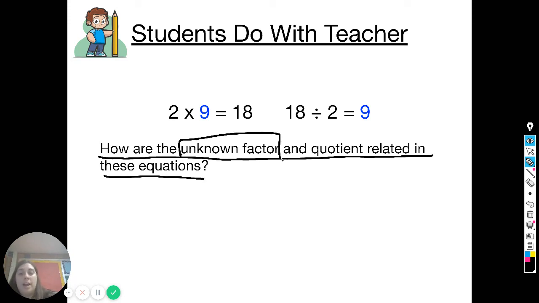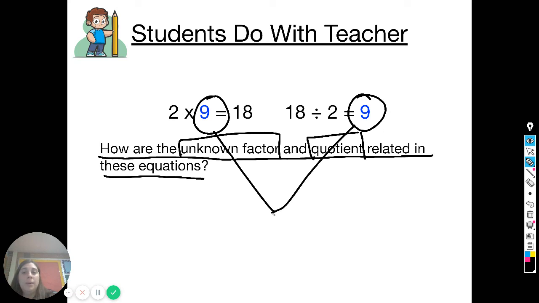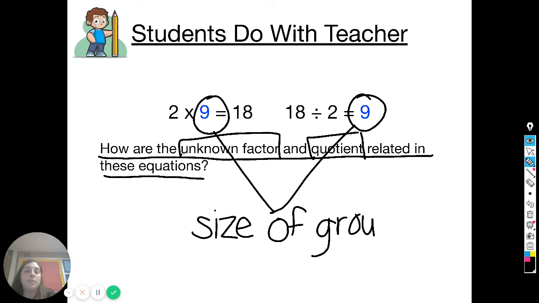The unknown factor, which was 9 in our multiplication equation, and the quotient, which is our answer in our division, are both the same number, and this time they don't represent the number of groups, they represent the size of the groups, because there were 9 dots in each row. So the size of our row was 9.